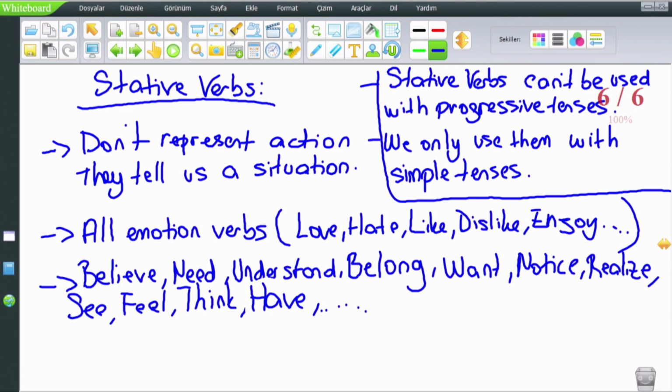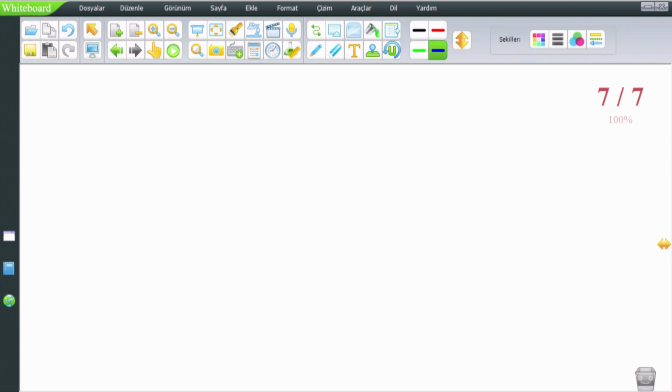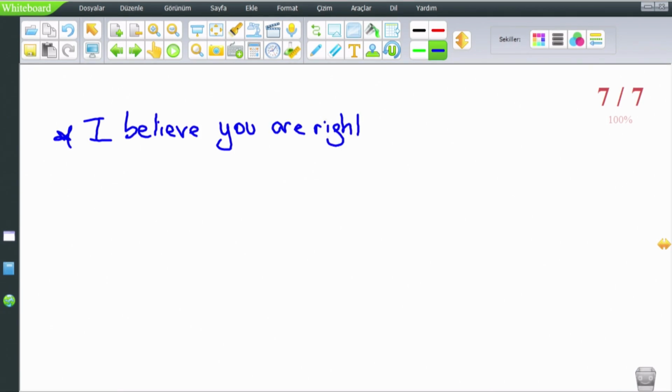This is our rule with stative verbs. I believe you are right. A stative verb. You don't need a time expression to tell if a sentence is present simple or not. If there's a stative verb, you can understand clearly that this is a present simple sentence.